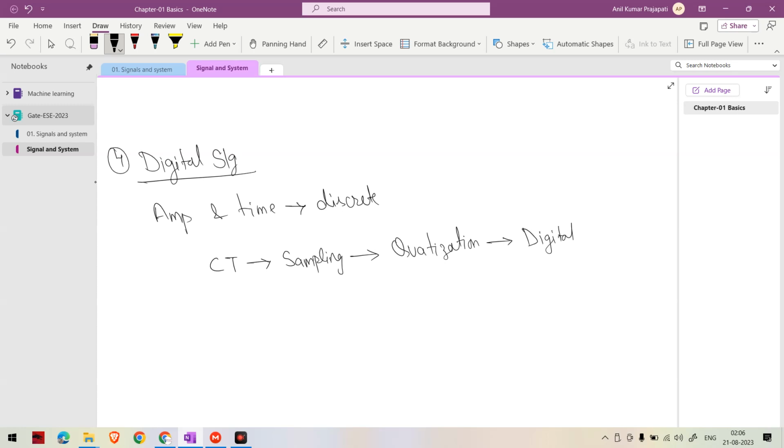And if you want this digital signal in binary form, you can do the encoding. You will get binary, so you can store that binary number in your computer. After sampling, you will get a discrete time signal. After quantization, you will get your digital signal.